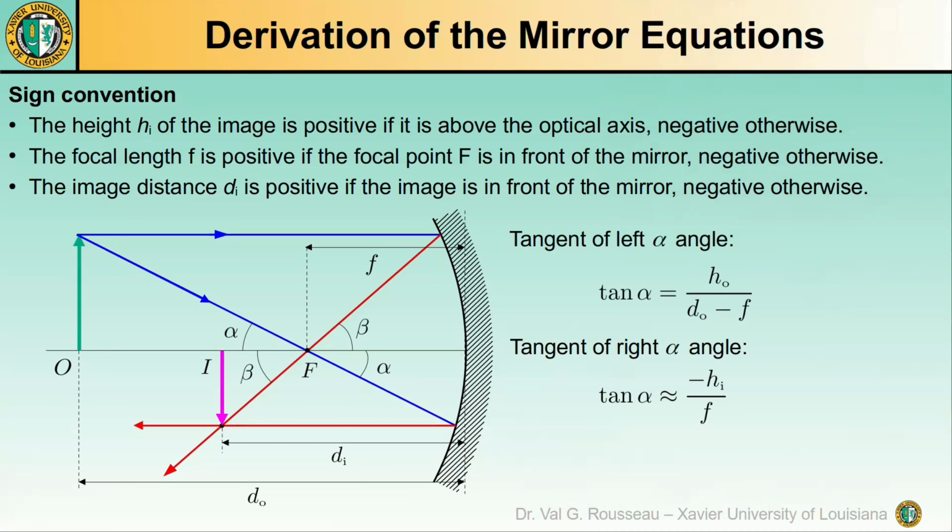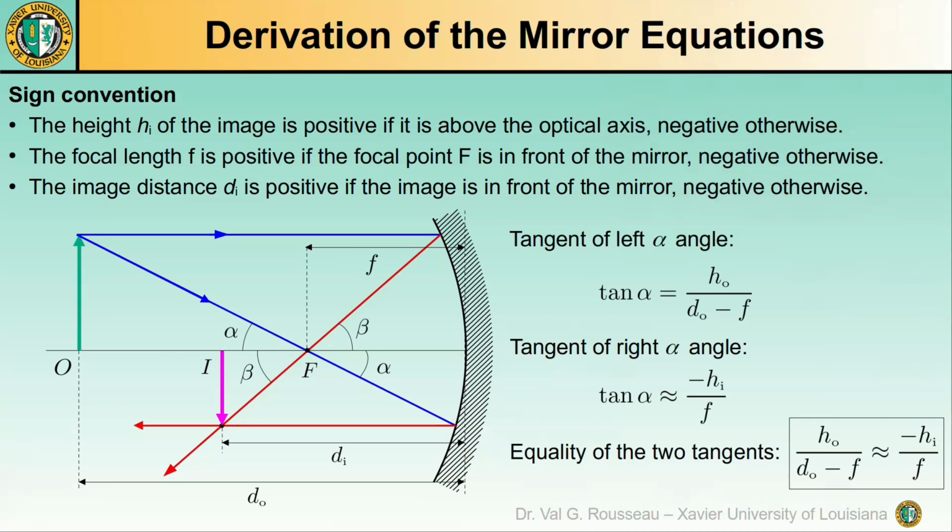The image is below the optical axis, so hi is negative. We need to add a negative sign to make the angle positive. The adjacent side is the focal length f. We have two expressions for the tangent of the same angle, so we can equate them. We obtain a first temporary equation. Let's keep it in mind.